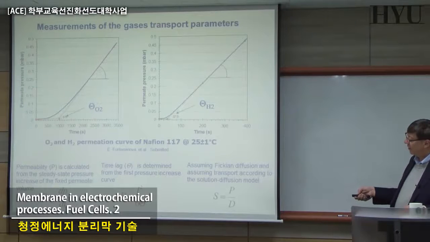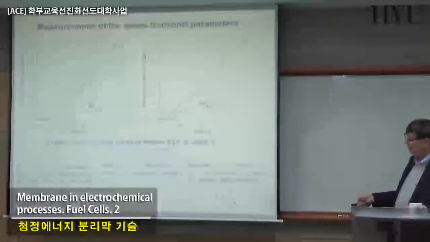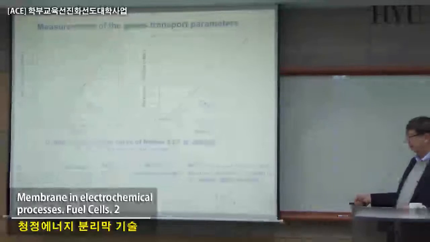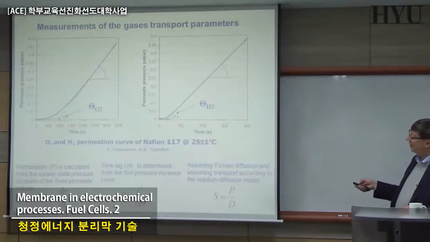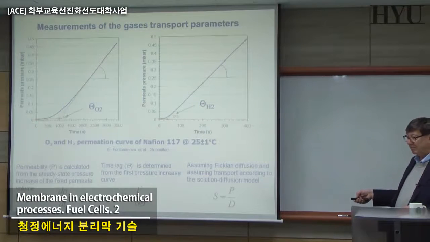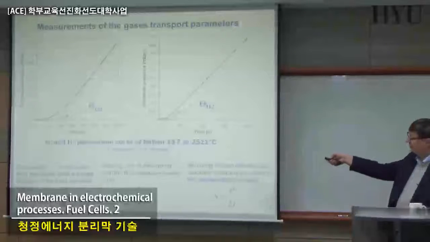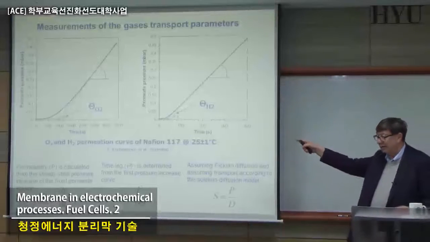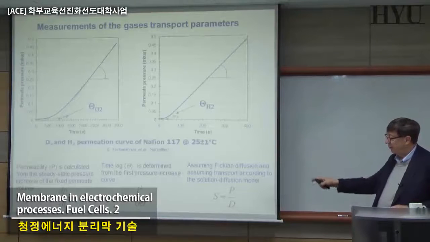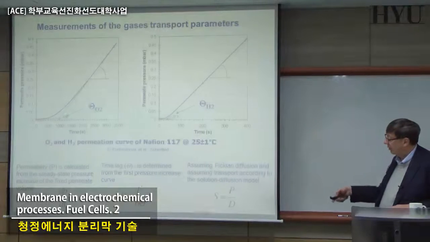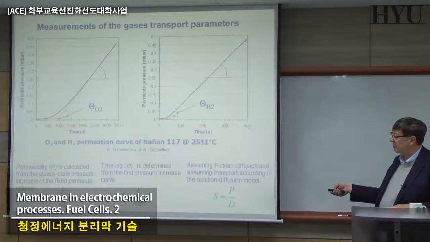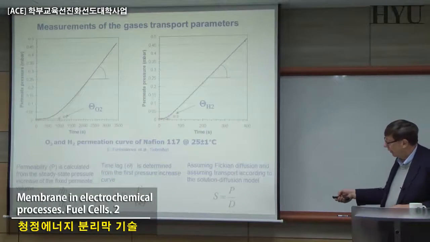You can see it from oxygen and hydrogen permeation, and you can calculate the permeability, which is nothing more than solubility times diffusivity, and you can obtain this from the time lag. That is the equation that gives you this. You measure here on the axis the theta, and from the theta you can obtain the diffusivity. That's a typical experiment: the time lag determined from the first pressure increase curve.